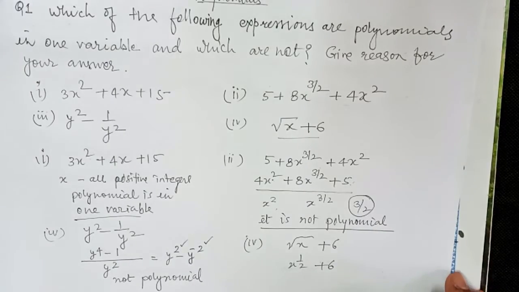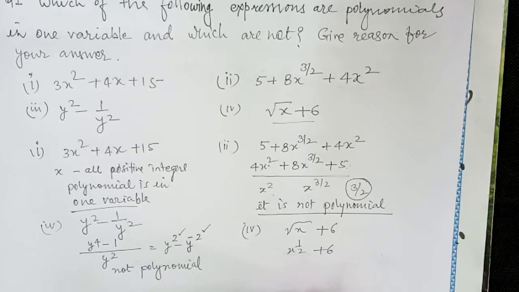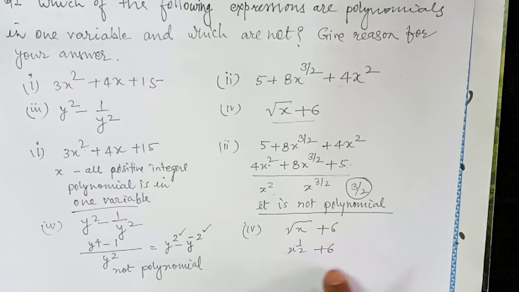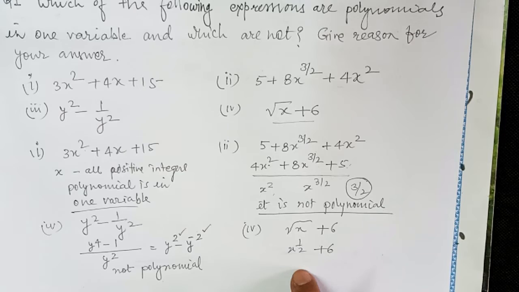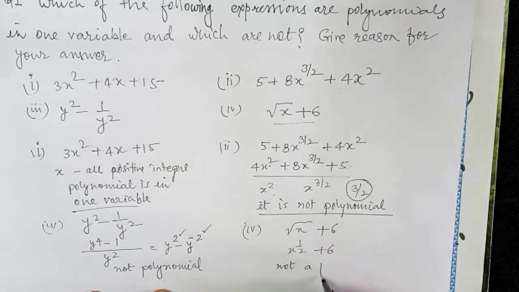Now if it is x to the power 1 by 2 plus 6, the power is in the form of p by q. Again the power is a fraction, so it is not a polynomial.